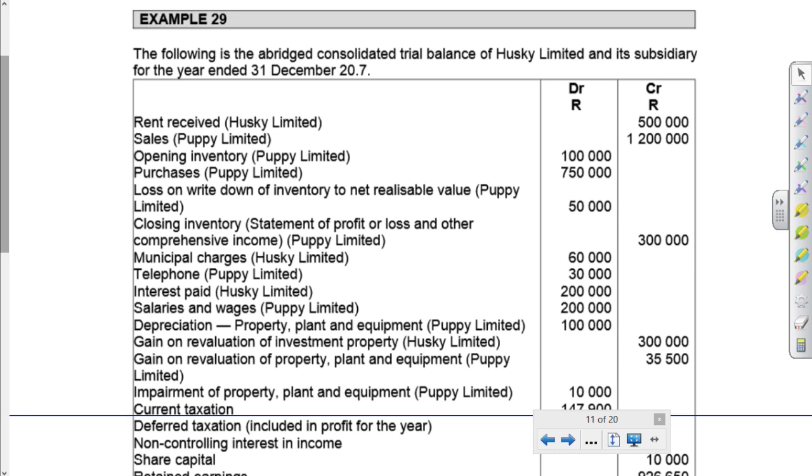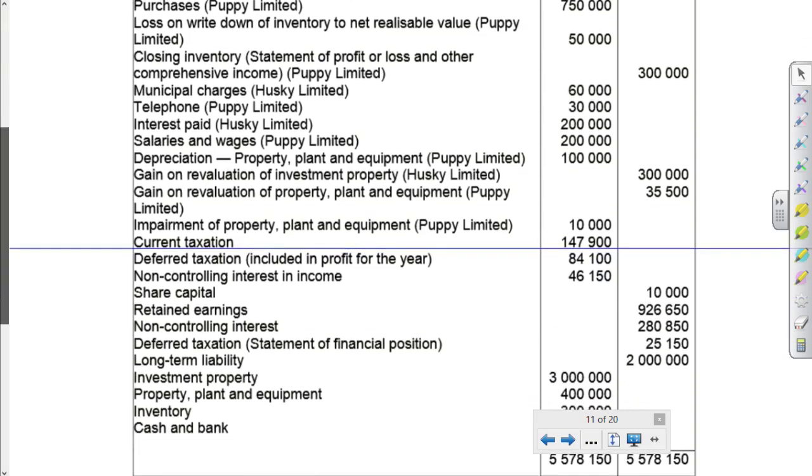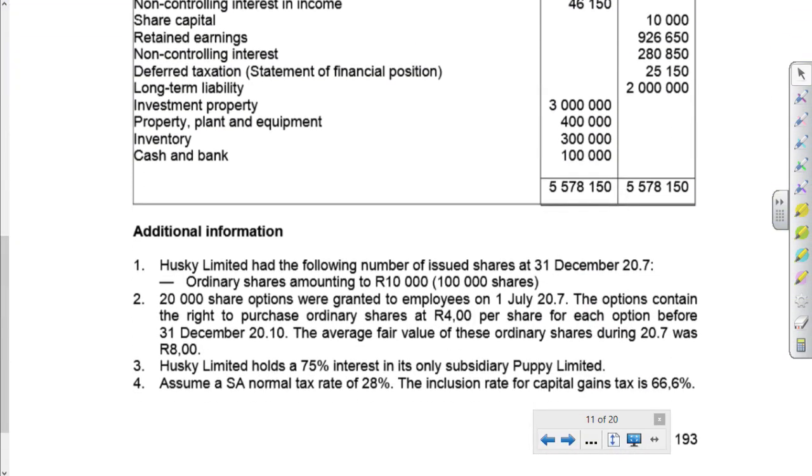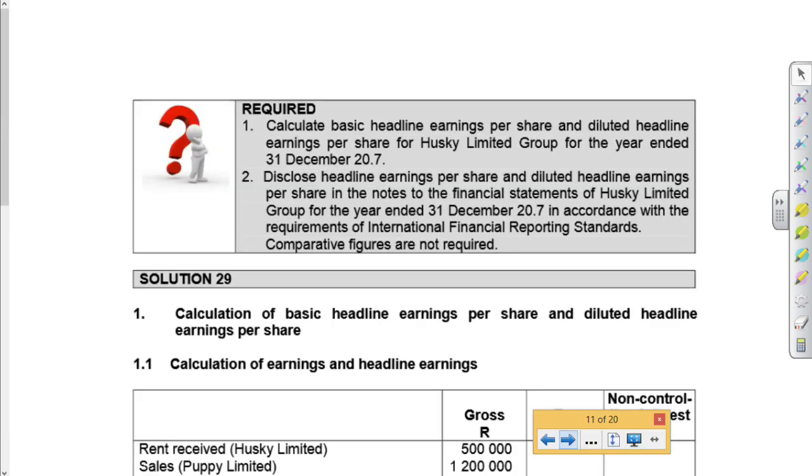I'm not exactly sure. But there's the whole trial balance and then additional information. They say they have 100,000 shares in issue. There were some share options which were granted to employees for diluted. Husky has a 75% interest in its only subsidiary, so we own 75, NCI is 25. SA normal tax of 28. And we go straight into the solution.